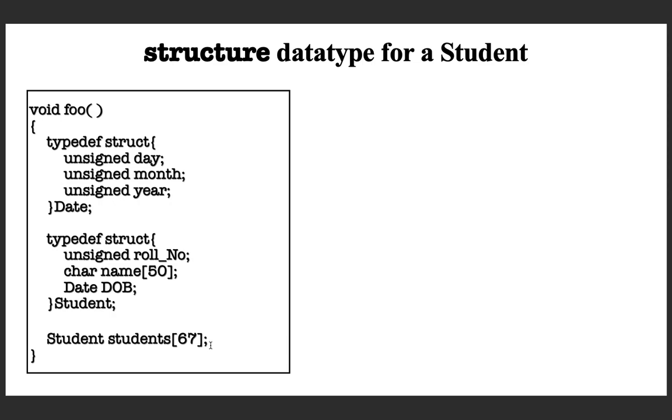Then how will you access the fields of the I plus 1-th student? Why I say I plus 1 is because you know that in C programs the array index starts at 0. So the first student is represented by the 0th index, second by the first index, and that is why the I plus 1-th student is at the index I.